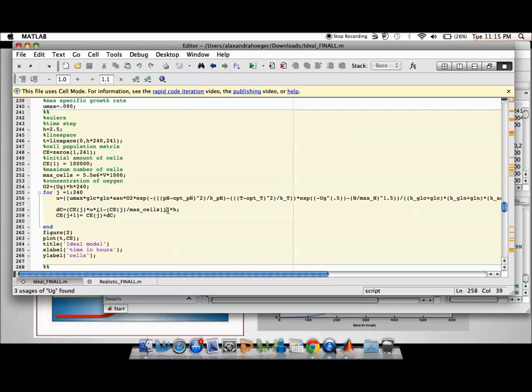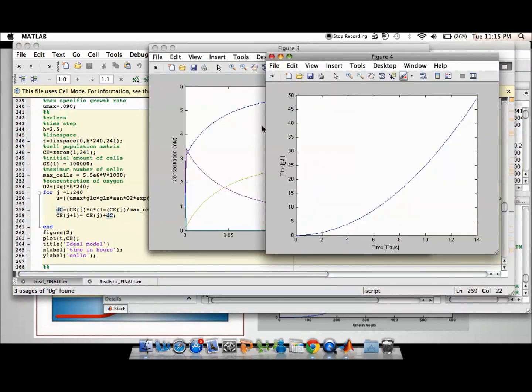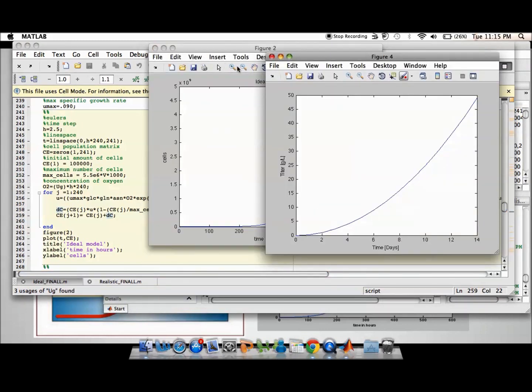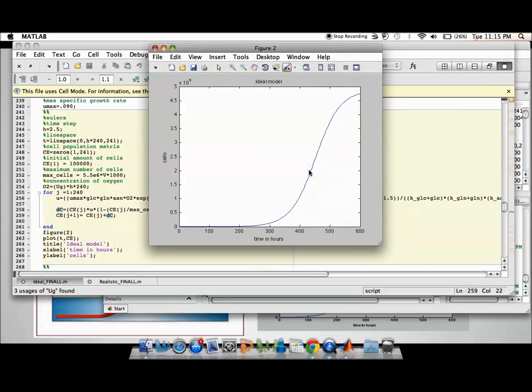So this is what actually limits our population in this section. And then, of course, we're running the Euler's, so that adds the next step on. And then we plot our model, and it should look something like this. Oops, I'm plotting Alex's as well already. So there we have the ideal model.